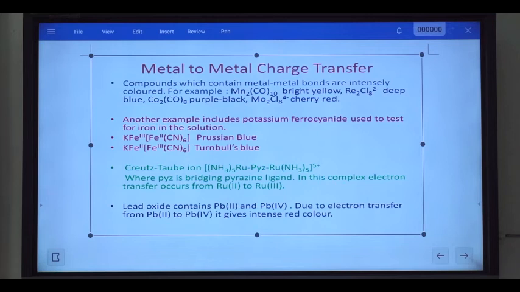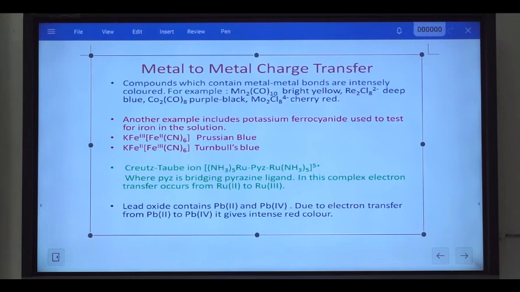Next is another example, which includes the potassium ferrocyanide iron test for the iron in the solution, that is Prussian blue and Turnbull's blue. It is the same complex, K[Fe(III)Fe(II)(CN)6] and K[Fe(III)(CN)6]. What is the difference here?